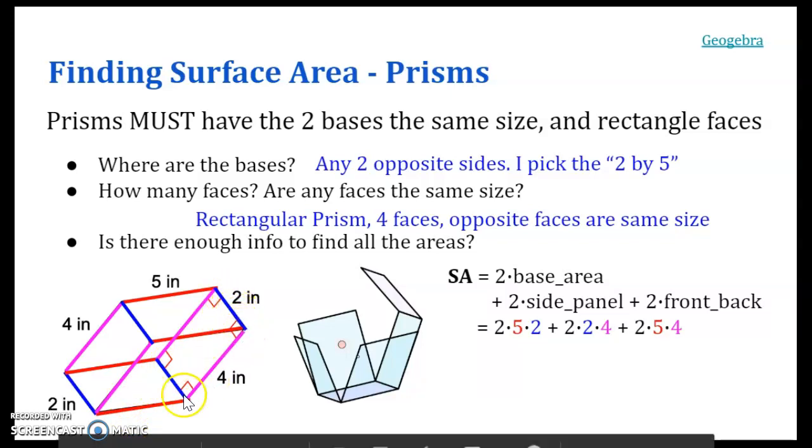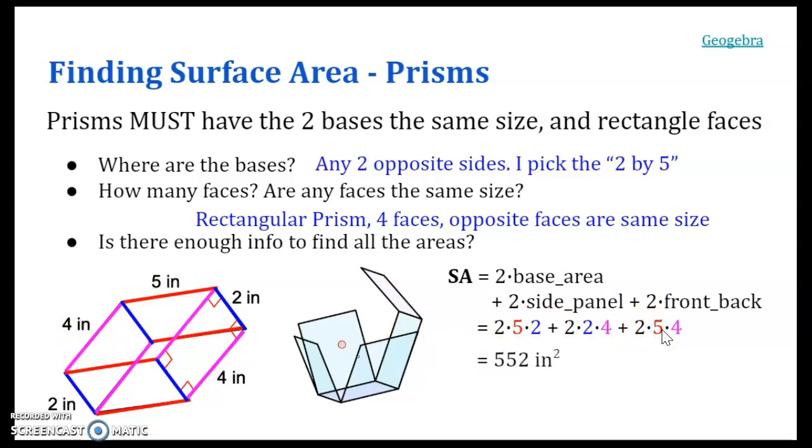So 2 times 4 is this side, and then you're multiplying that by 2, and then finally the front side. It's going to be 5 times 4, and we have 2 of those, so 2 times 5 times 4. And then you add them all up, and it's going to be 552 inches squared.